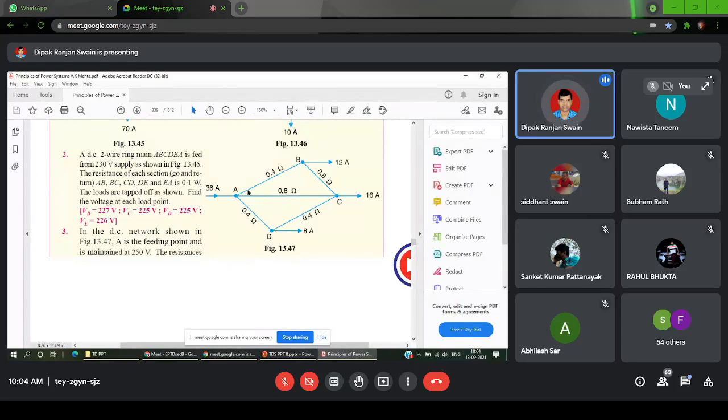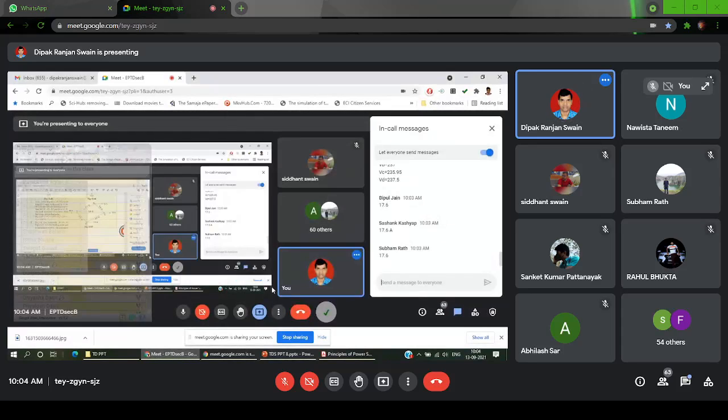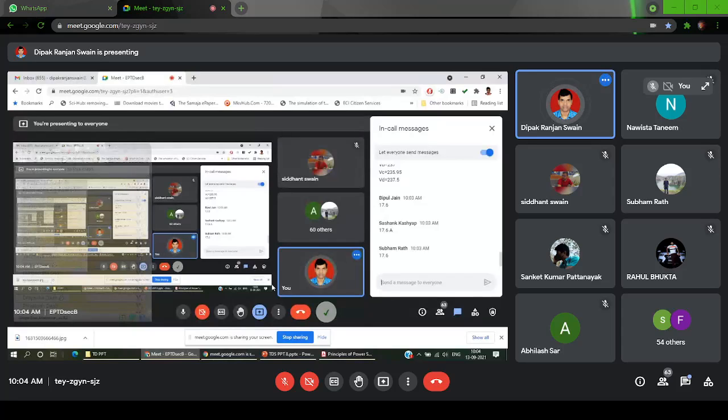So between the point A and C, the potential difference VAC will be equal to this drop plus this drop. So I is 17.6, meaning this AB current is 17.6. BC current is 17.6 minus 12, so 5.6. Okay. So VAC can be written as I into 0.4 plus (I minus 12) into 0.8. That will be VAC. Be quick. Find out VAC. That VAC is the Thevenin voltage or the open circuit voltage.